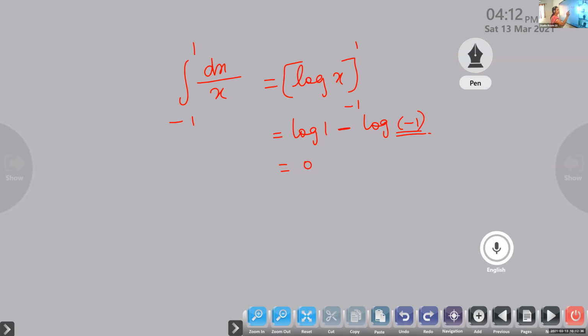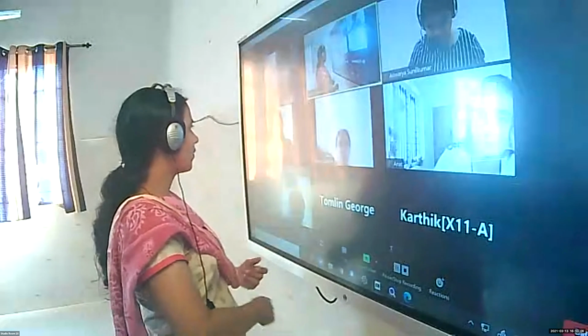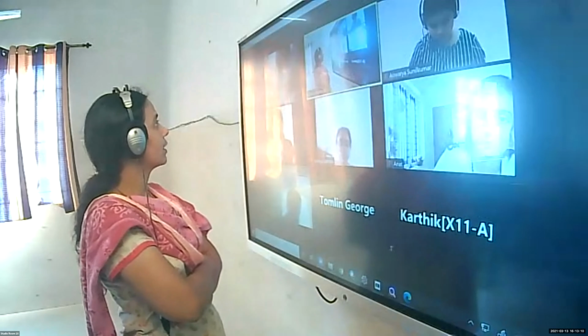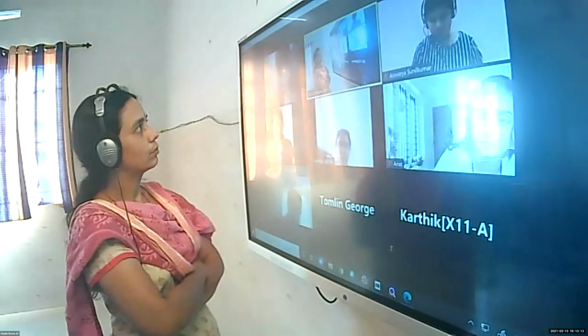That one also we define as 0. Minus log of minus 1 will be the same as minus log 1. We can define log of minus x as minus of log x. Last year we learned one property. Whenever you get 1, log 1 is 0, and minus will become plus now, but log 1 is 0. The value of log 1 is 0.